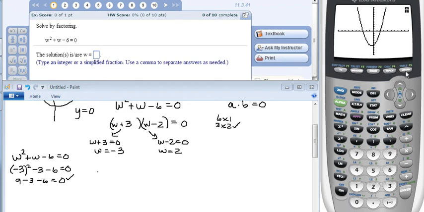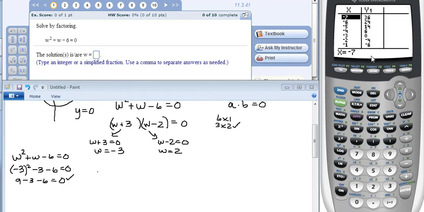And I can test that out exactly through my table. There's one of them, negative 3. The y has to be a 0. These are the zeros of the function. This is where the x-intercepts are. And the other one is at 2. Good job, 2 and 0.